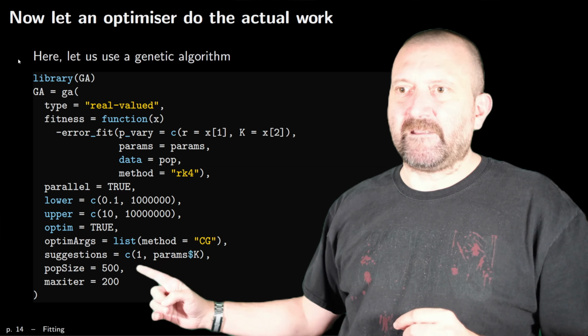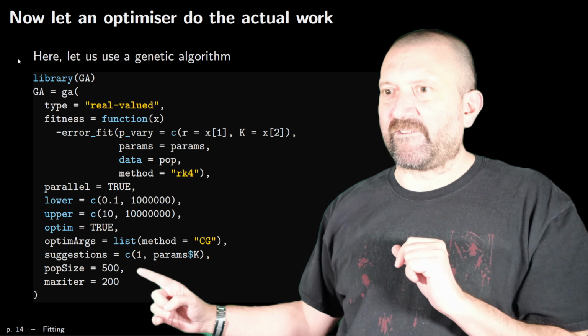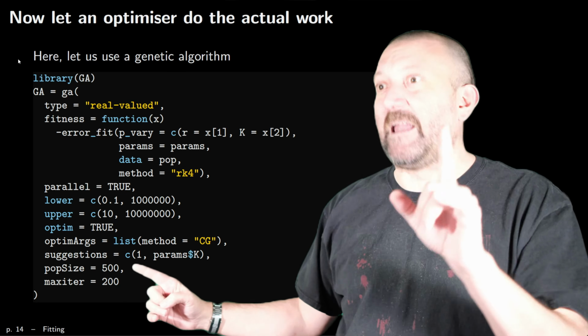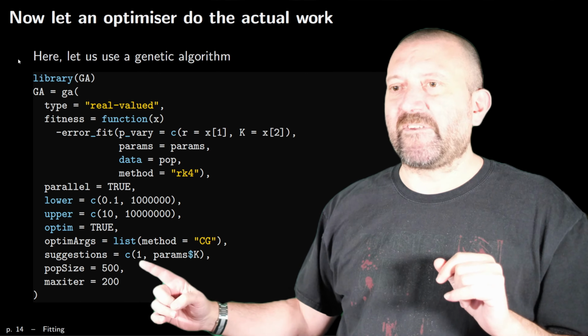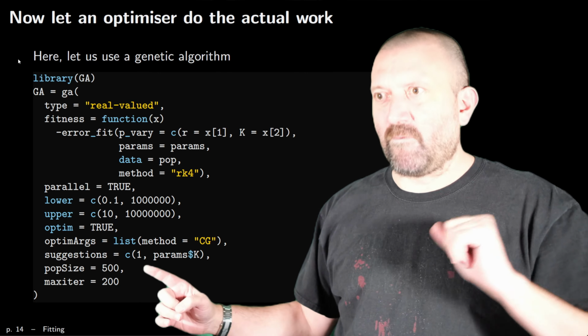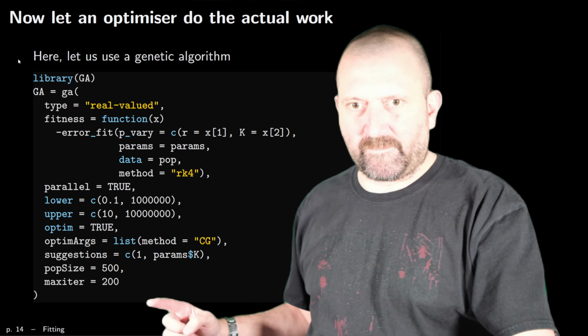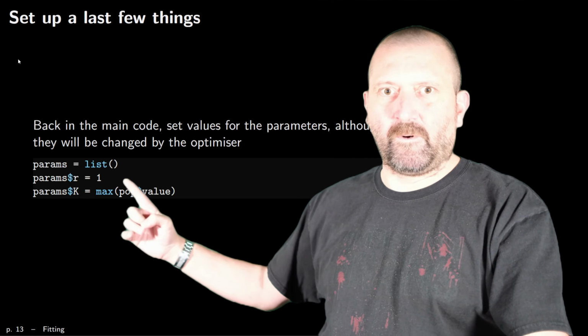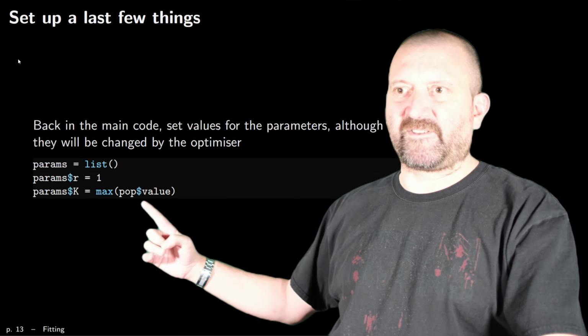The order in which I present the elements of a gene is important: R and K. So here I'm taking as my guess a growth rate of 1 and a carrying capacity, this K.